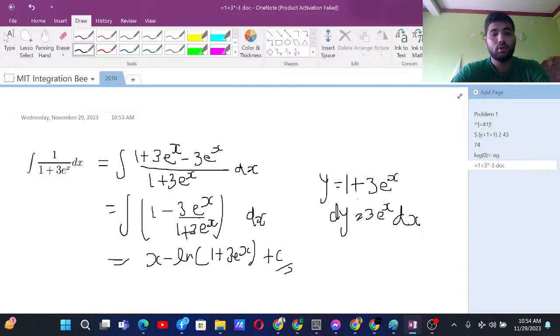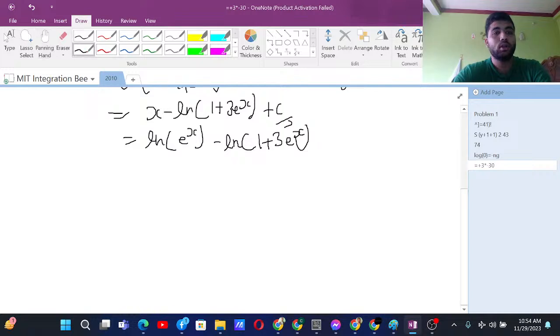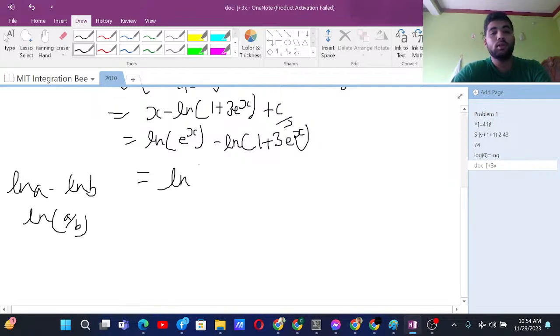So basically what we can do is we can write this as ln of e to the power x minus ln of 1 plus 3 times e to the power x. We can do this, and after that we know that ln of a minus ln of b is just ln of a by b. We'll use that, so that this is ln of e to the power x by 1 plus 3 times e to the power x.